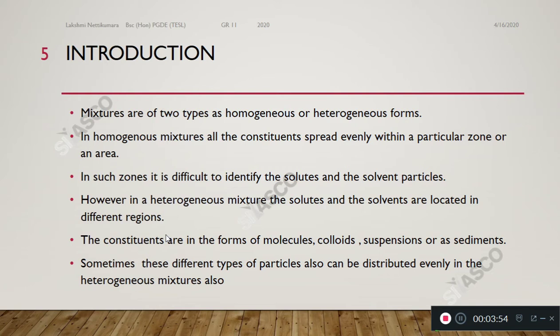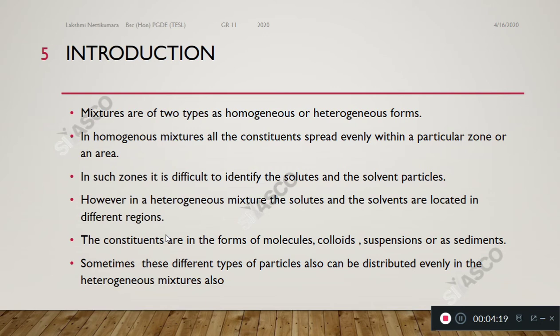Now recall what you have learned in the mixtures lesson. Mixtures are of 2 types, homogeneous and heterogeneous. As I mentioned and explained in a lengthy manner, in homogeneous mixtures, all the constituents spread evenly within a particular zone or area.